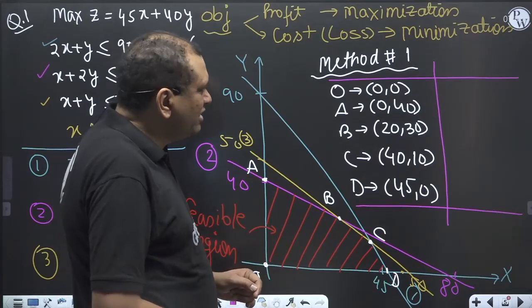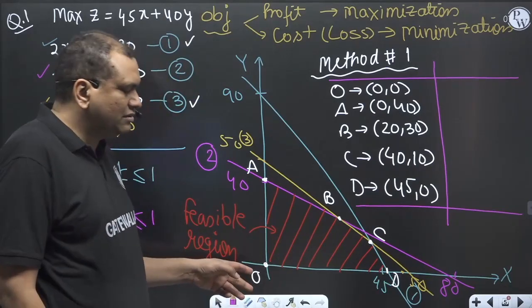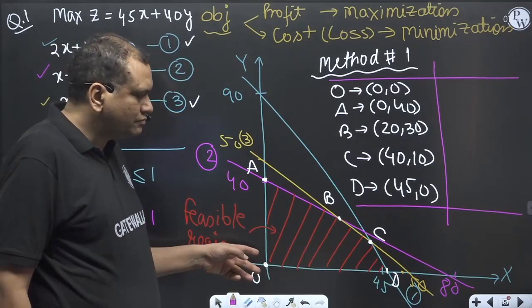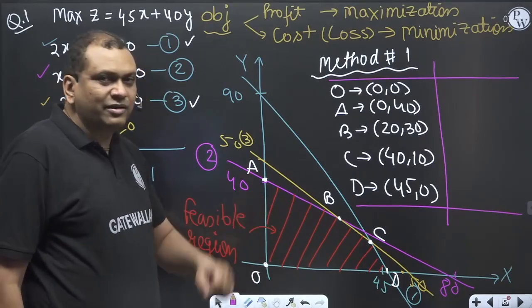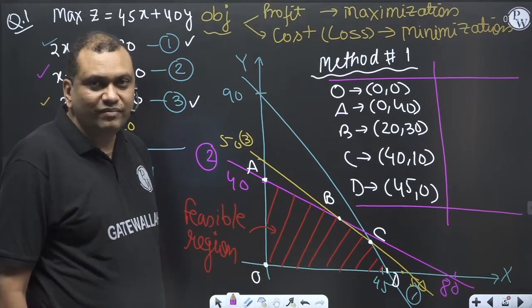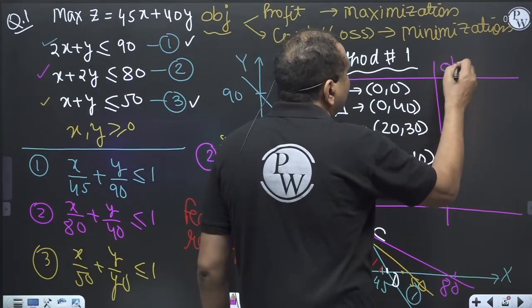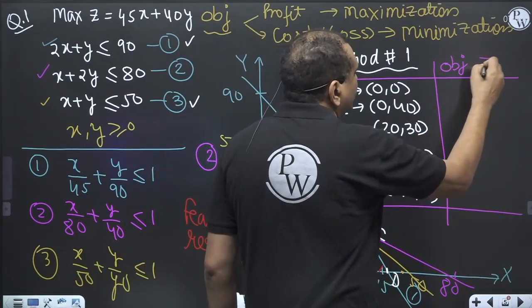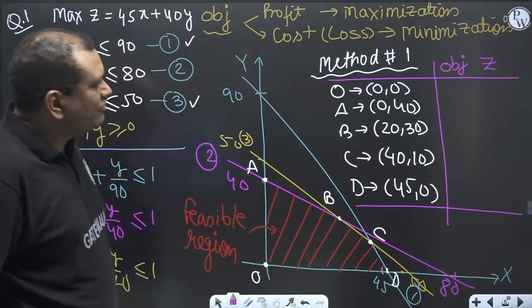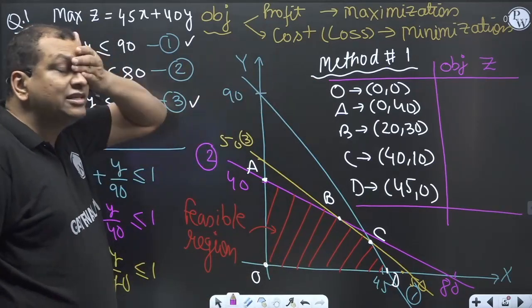Now, what do you do then? Do one thing. You know all the corner points. Find out the value of the objective function at these corner points.